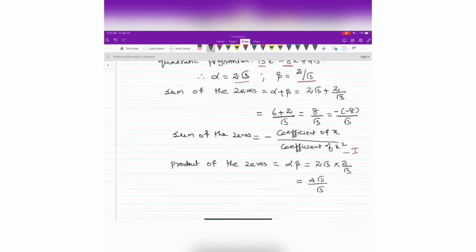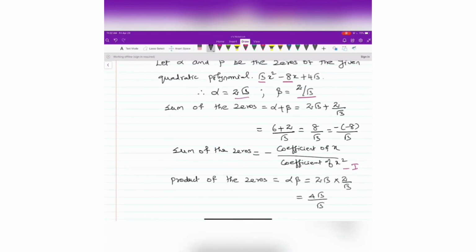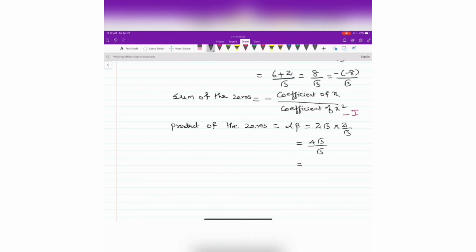Okay. What is 4 root 3? If you see the given polynomial, 4 root 3 is the constant term. Root 3 is the coefficient of x square. So I can write here this is equal to constant term by coefficient of x square, that is the product of the zeros.